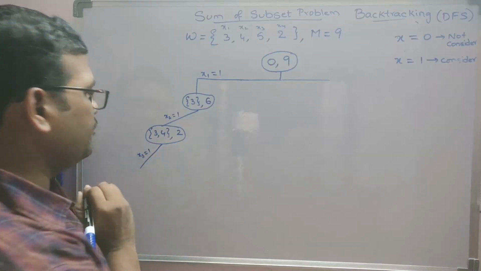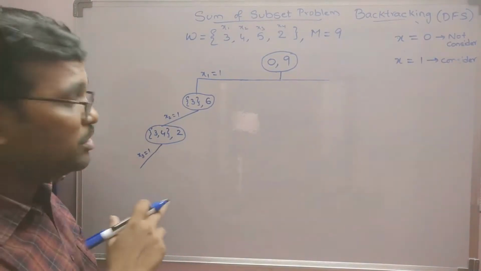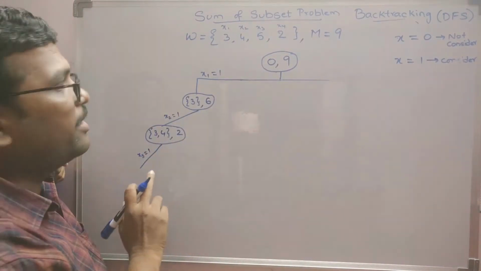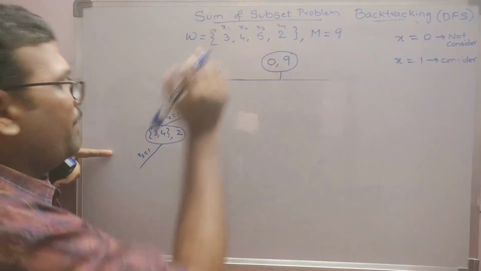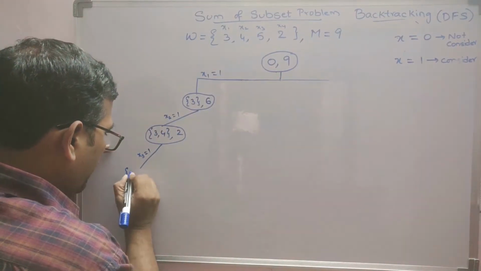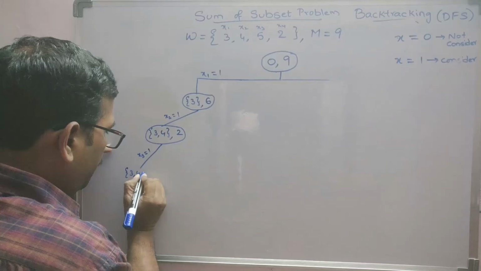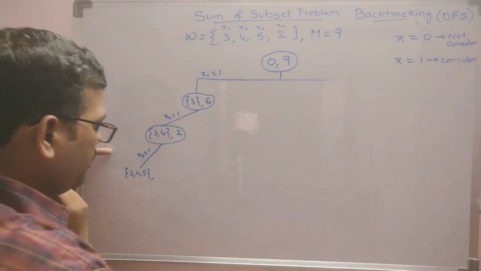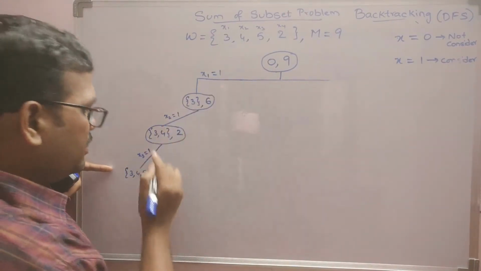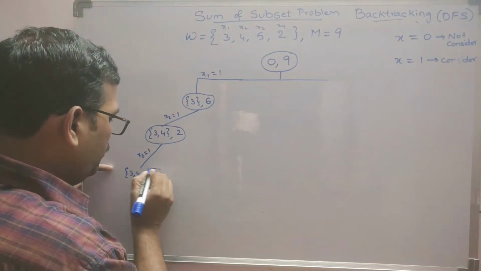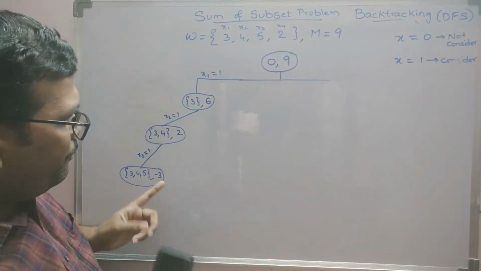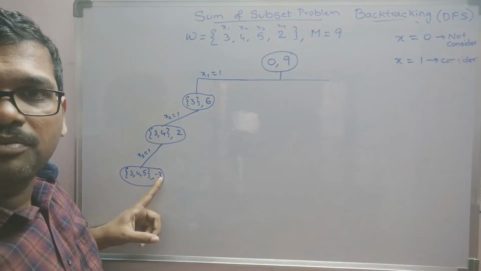x3 is equal to 1. We can consider x3 also because the sum is less than 9, right? So x3 is 5. So here 3, 4, 5, and 2 minus 5 is minus 3. You can check the weight goes to the negative.